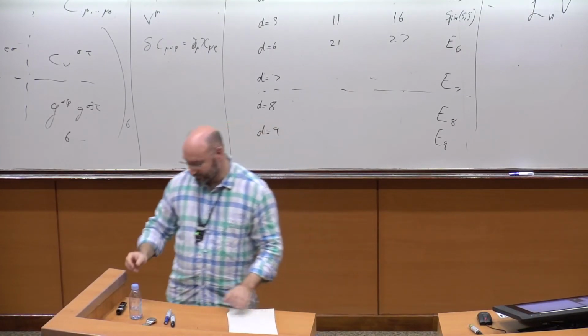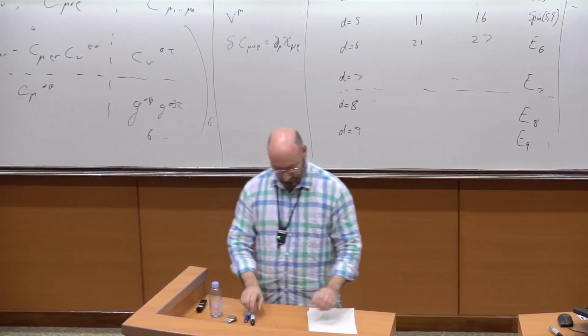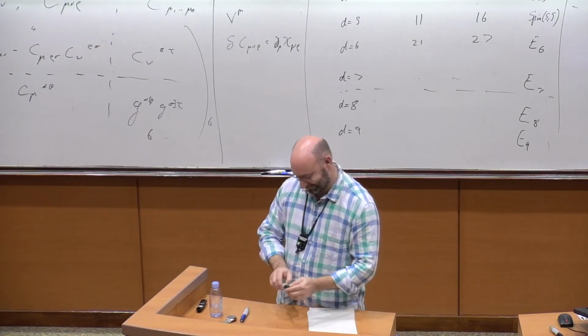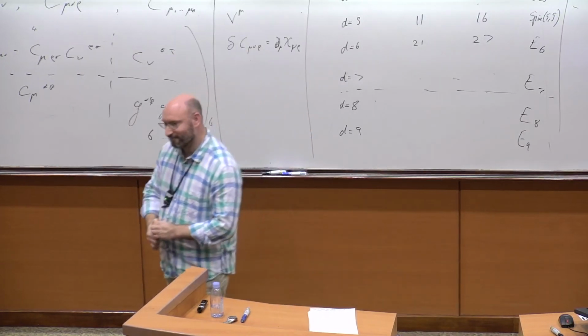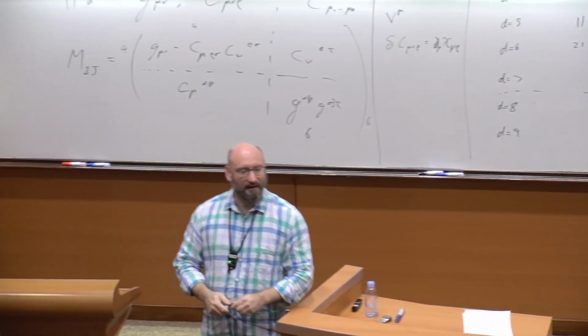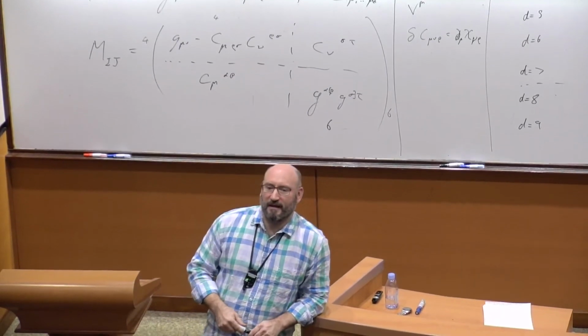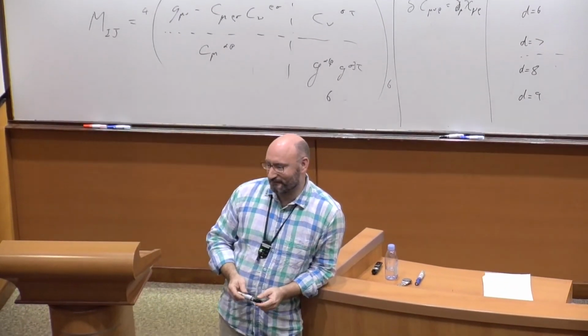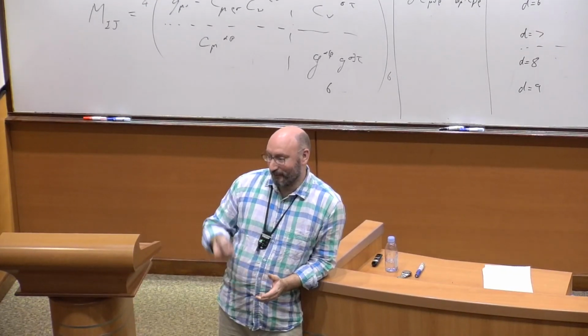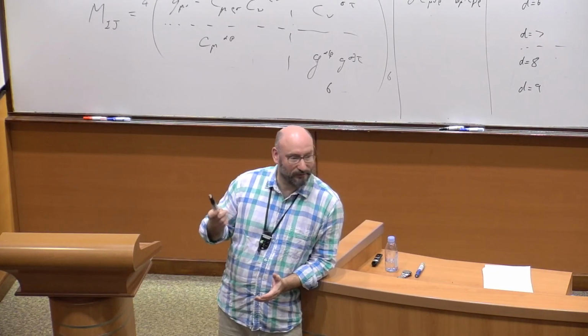So in the end, is DFT a consistent quantum field theory? It's as consistent as a quantum field theory as Einstein gravity. Now, but that's a serious problem. Because what have I said?